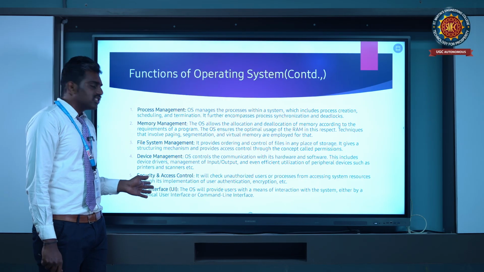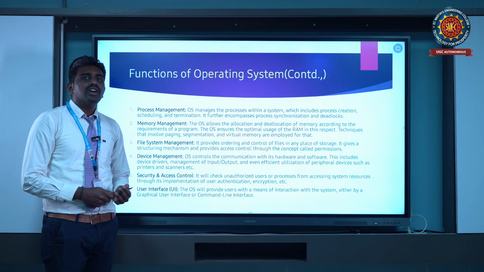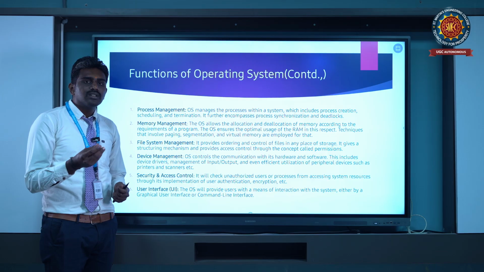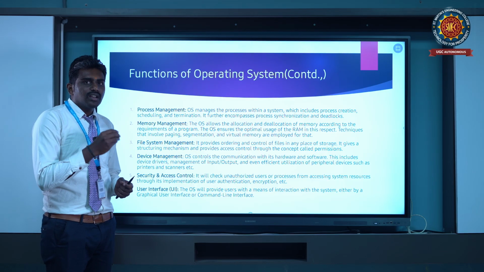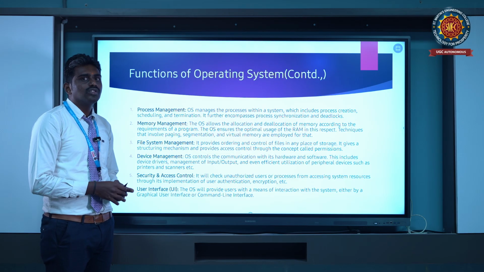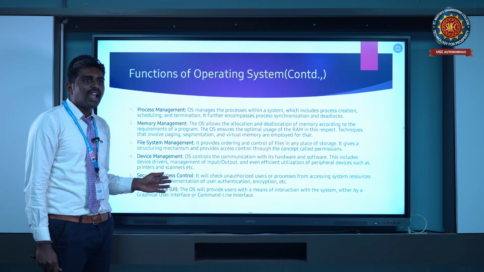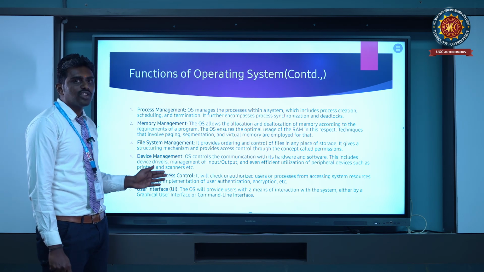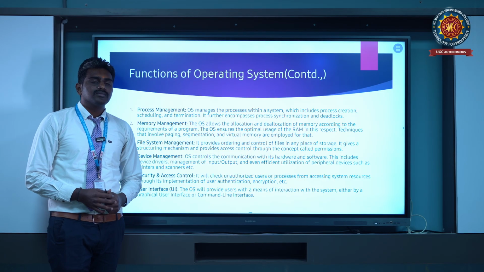Next is security and access control. It is used to prevent unauthorized access to the system, and it checks whether a person is authenticated or unauthenticated. The security level of the process is checked by security, and access control maintains the security process. Next we will see the user interface.